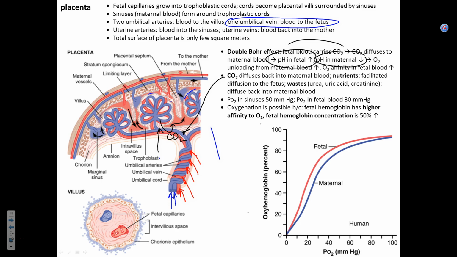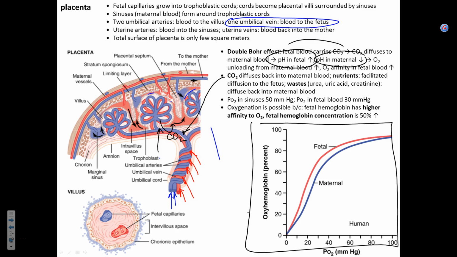Now that represents the concentration of oxyhemoglobin in the fetal and maternal blood. You can see that red line representing the hemoglobin dissociation curve of the fetal blood is shifted to the left, which clearly represents elevated loading, and maternal elevated unloading.